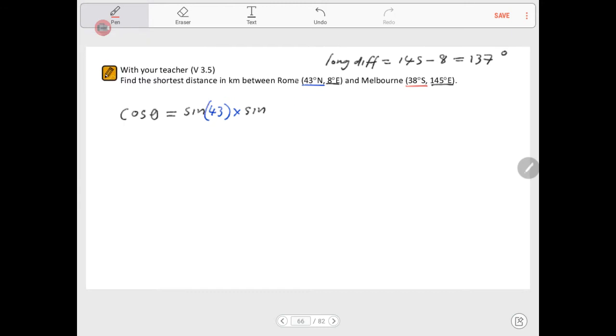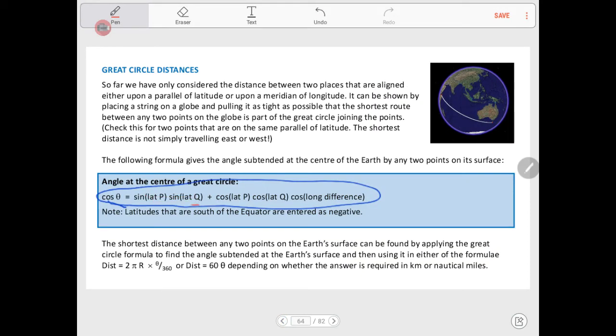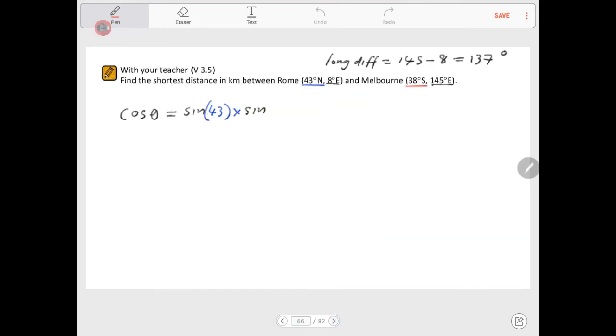Rome would be like point P and Melbourne would be like point Q in this formula back here. Melbourne's latitude is 38 degrees south. Now this is the only time we need to consider this, because it's a southerly latitude that goes in negative. It's the only time you need to worry about north-south, positive, negative.